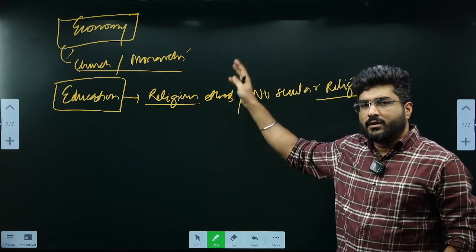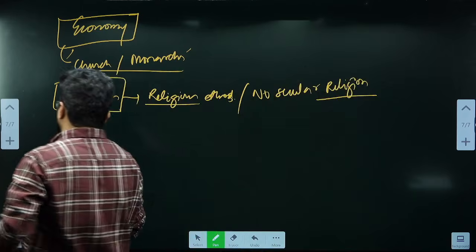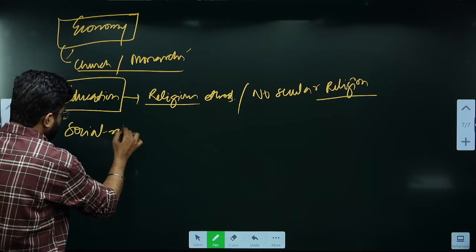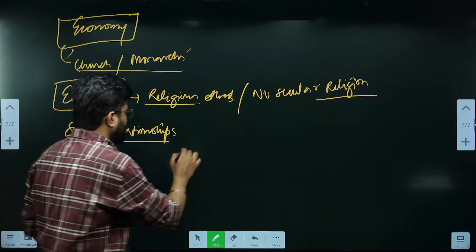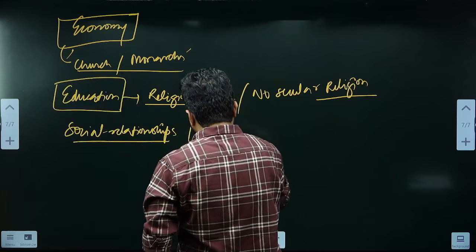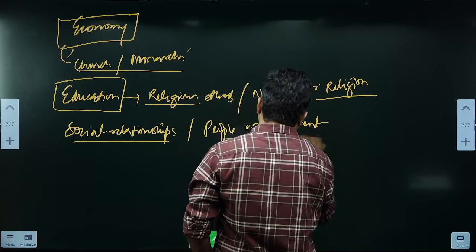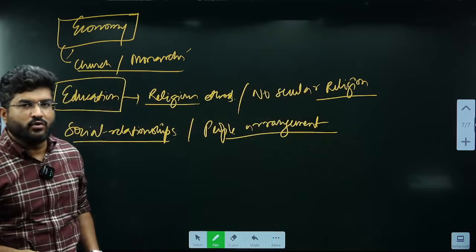Economy and politics were controlled by the monarchy and church. Similarly, education was also controlled by them. Then social relationships, or how people have been arranged, the arrangement of society in different forms, was also controlled by the monarchy and church.